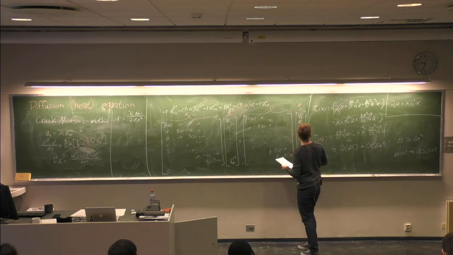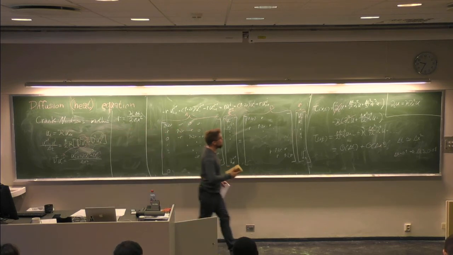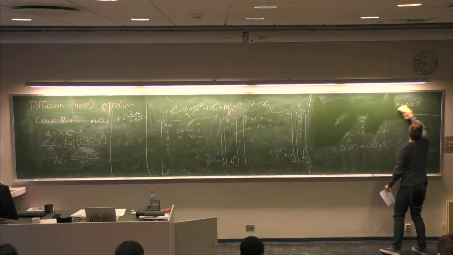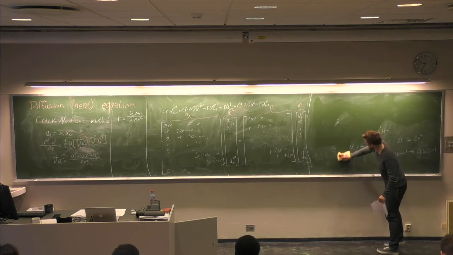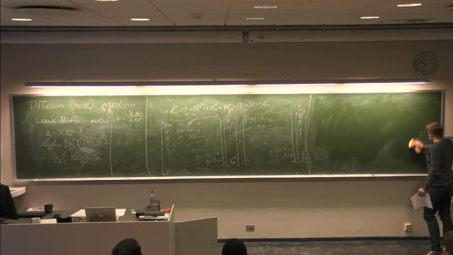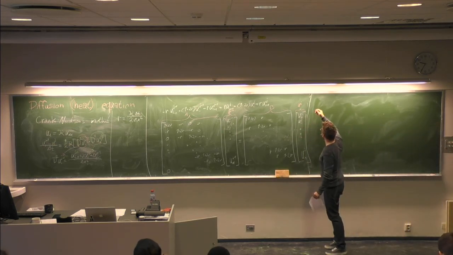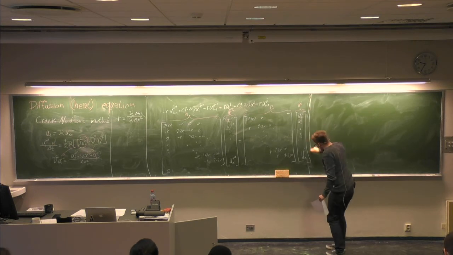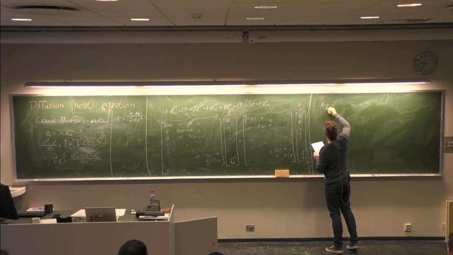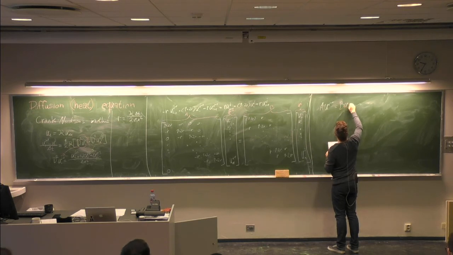So then you have A u_(j+1) equals B u_j.